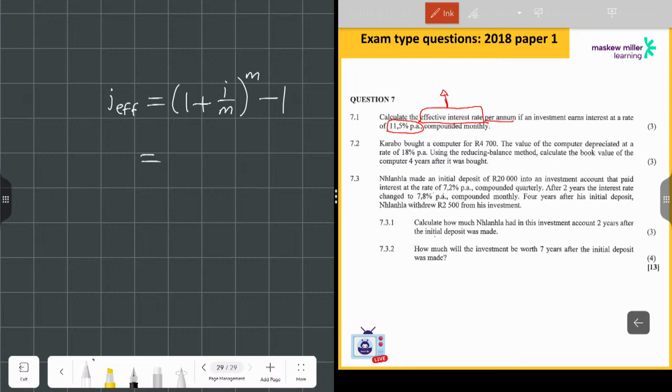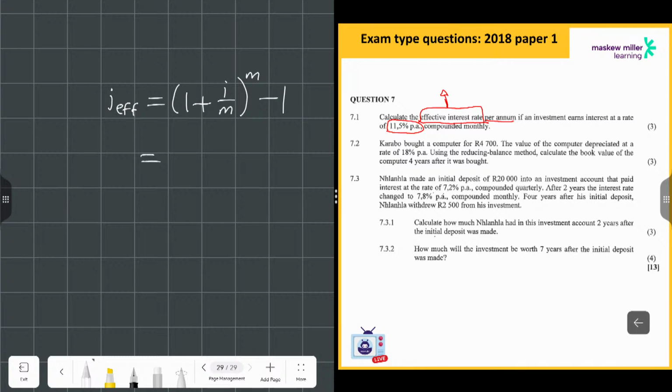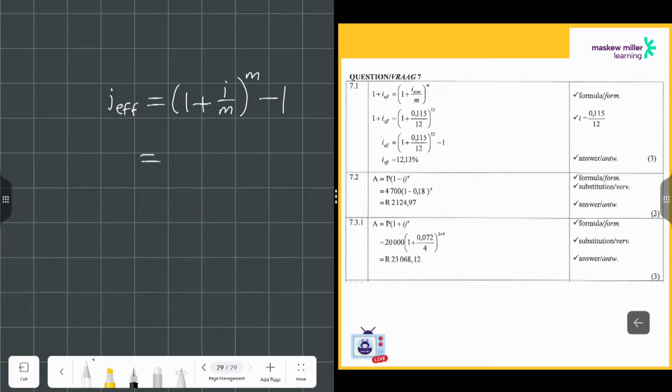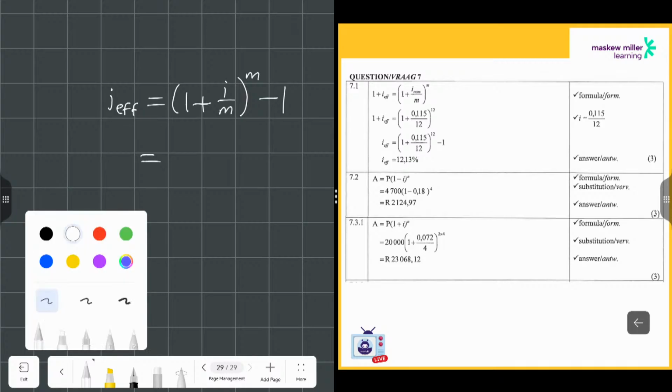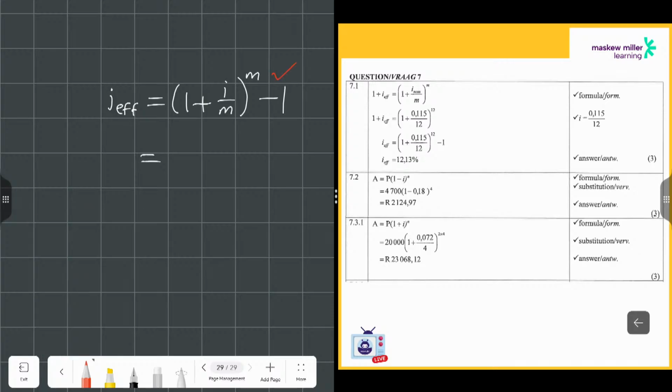So let's do it together as we are checking how the marks are also done. You can see that I have done my formula in another way, but you can see that by identifying the formula itself, you do have the mark. And when you are able to substitute whatever needs to be substituted in the formula, you get another mark, right?